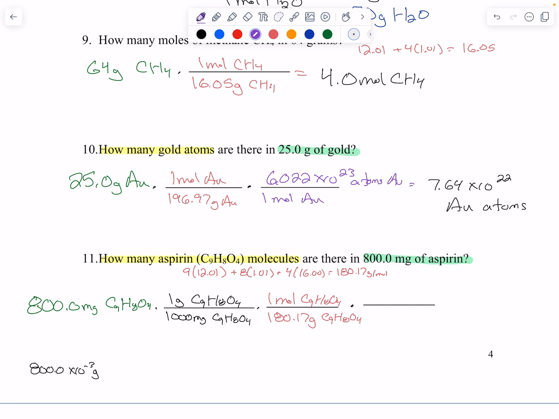We know that 1 mole of C9H8O4 is Avogadro's number. And so if I do that math, I believe we're going to get 4 sig figs, 2.674 times 10 to the 21st C9H8O4 molecules.